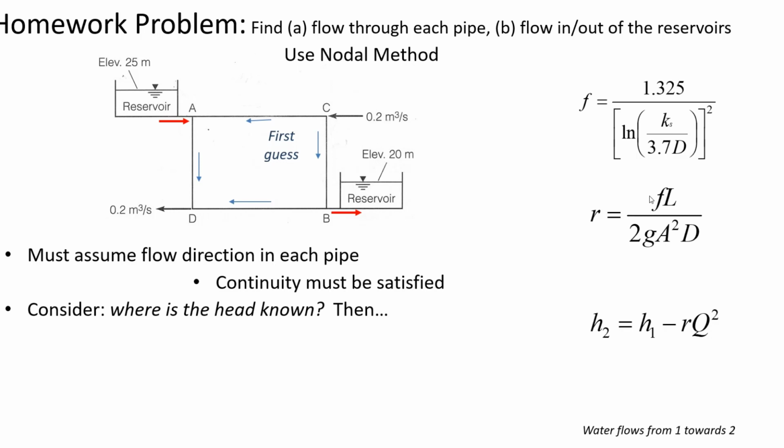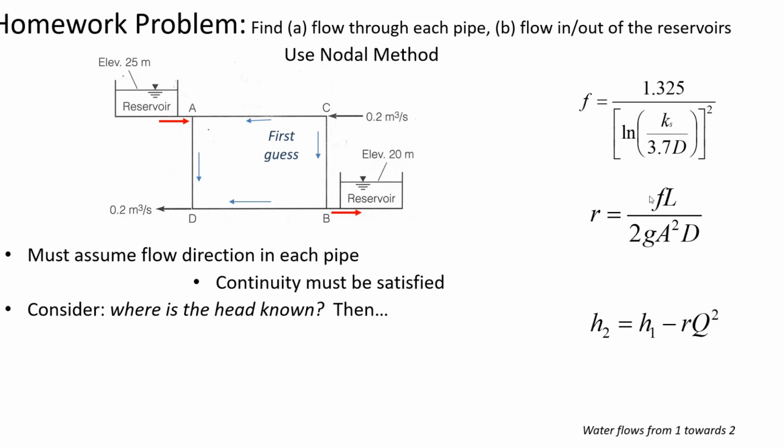So that is the R value for AC, and then times the flow rate through pipe AC squared. Okay, so that's one side of the equation is equal to 20, because now the other side of the equation was the head at B, 20 plus R Q_BC squared, and that's the R value for pipe BC.